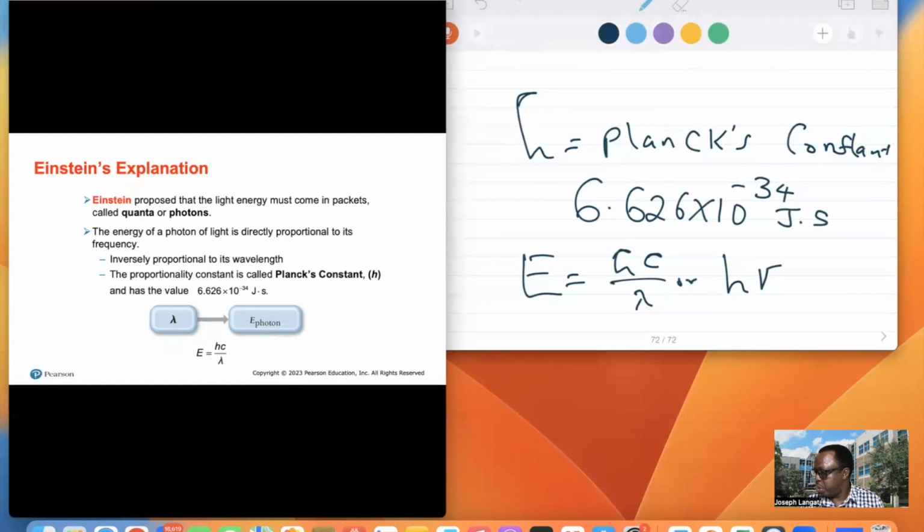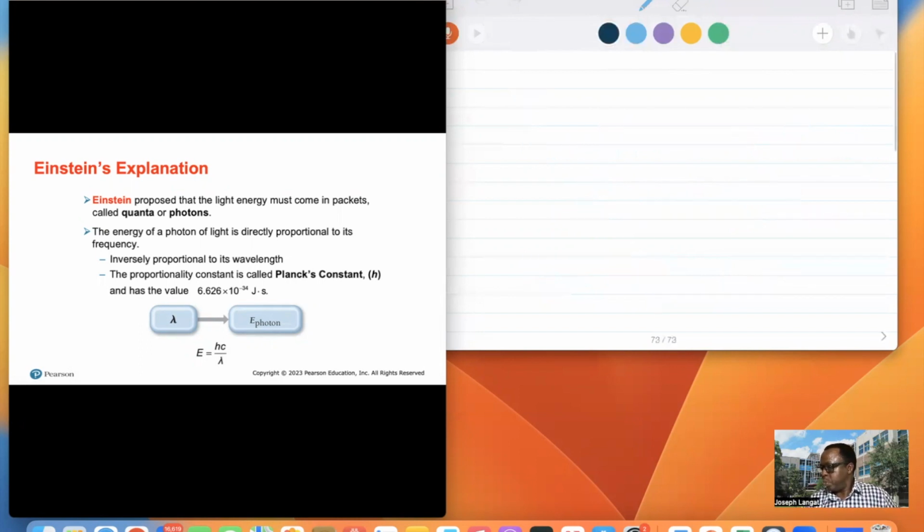Remember, C over lambda is the frequency. C over lambda, where C is 3.0 times 10 raised to 8 meters per second.